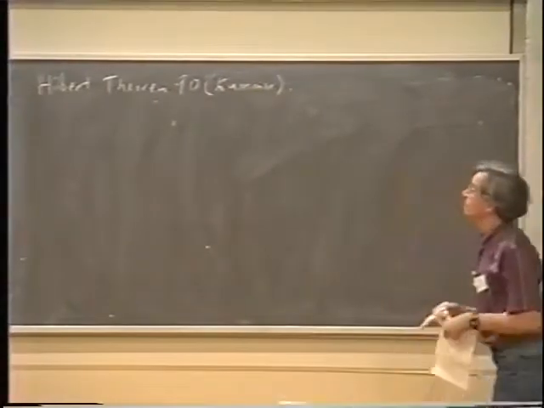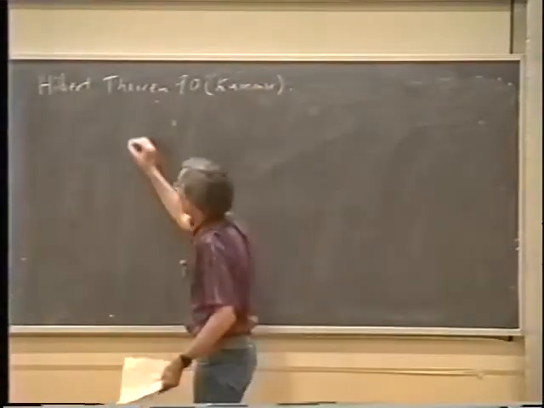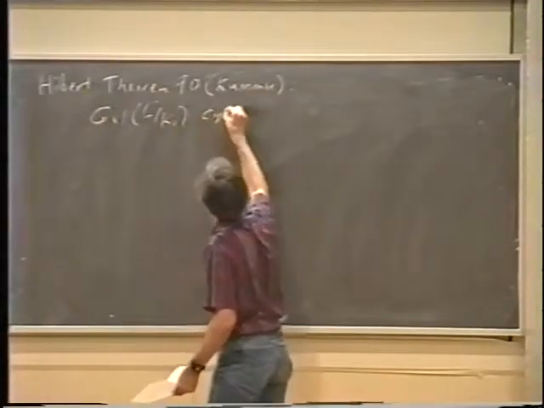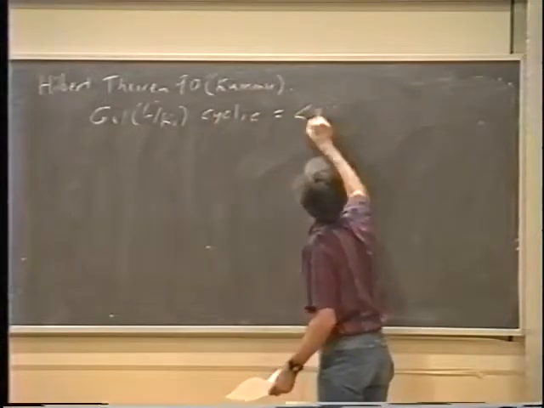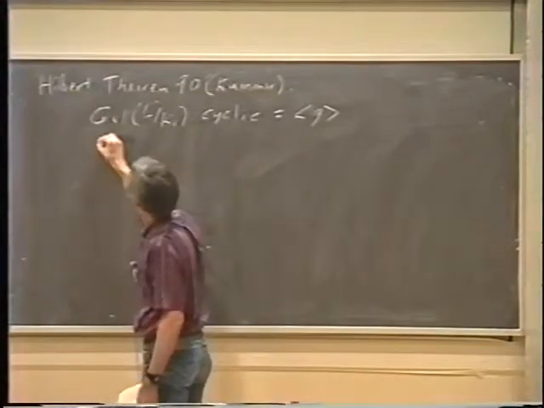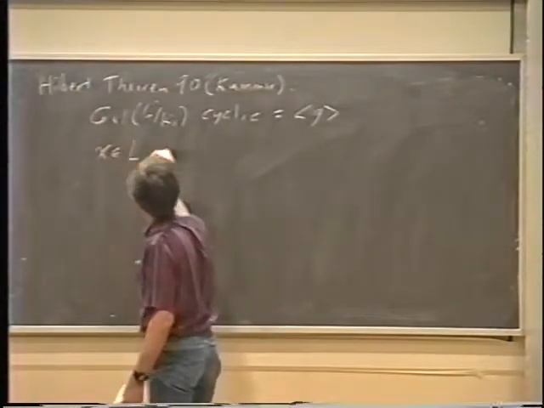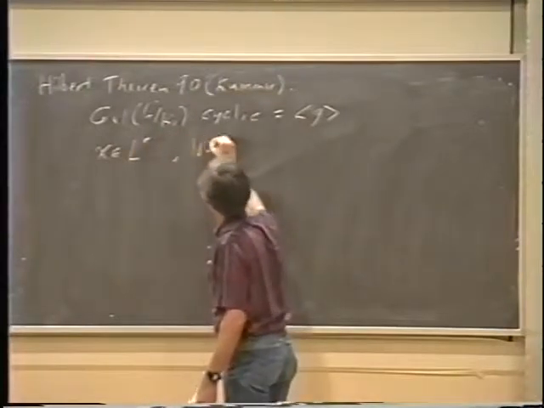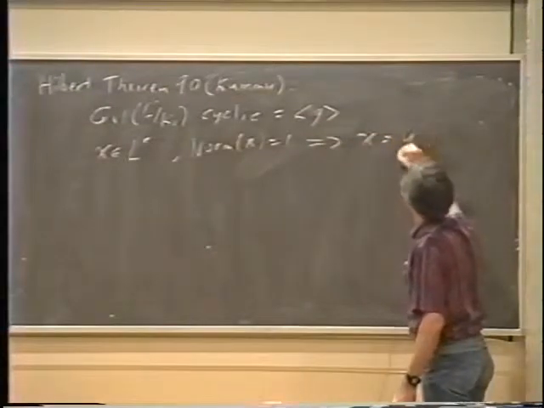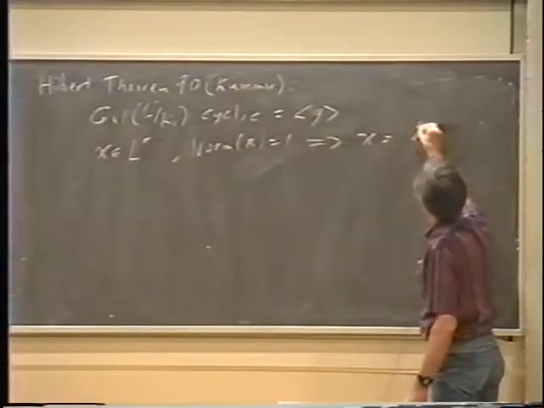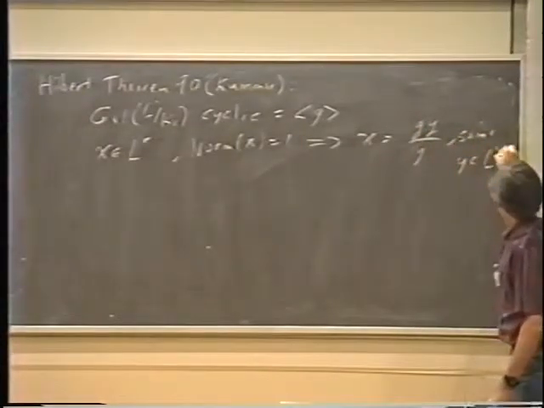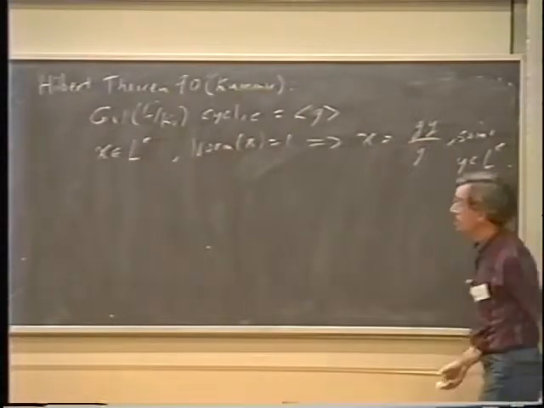Anyway, it says if you have a Galois group, let's say L over K finite cyclic, generated by some g, and if X in L cross has norm of X equal to 1, then X can be written in the form gy over y for some y in L. Okay, well, you've all seen this theorem, presumably.